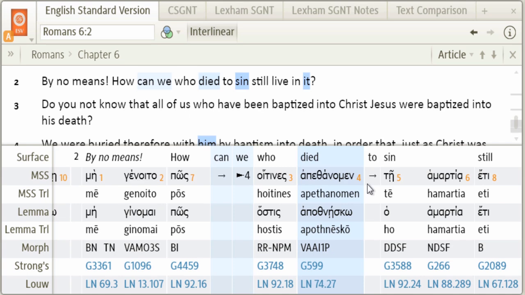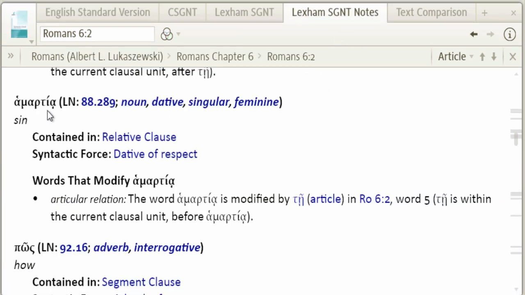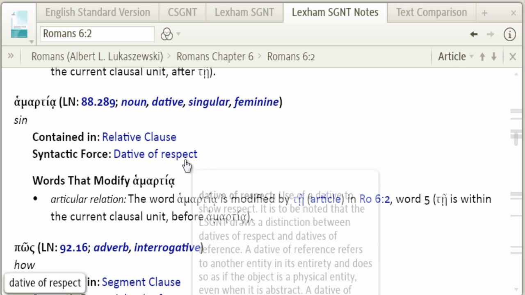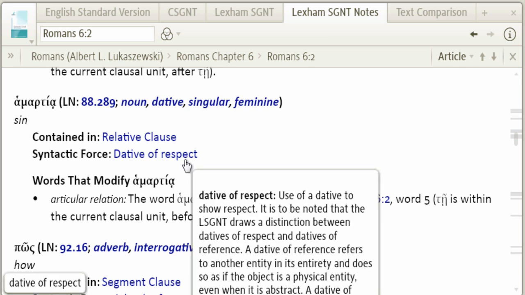Let's take a look at the Syntactic Greek New Testament, expansions and annotations. Here's the noun that we were looking at, hamartia, which is translated "sin," and it's in the dative case. And notice the syntactic force, a dative of respect. And this glossary note mentions the distinction between a dative used with respect to something and a dative used with reference to something.